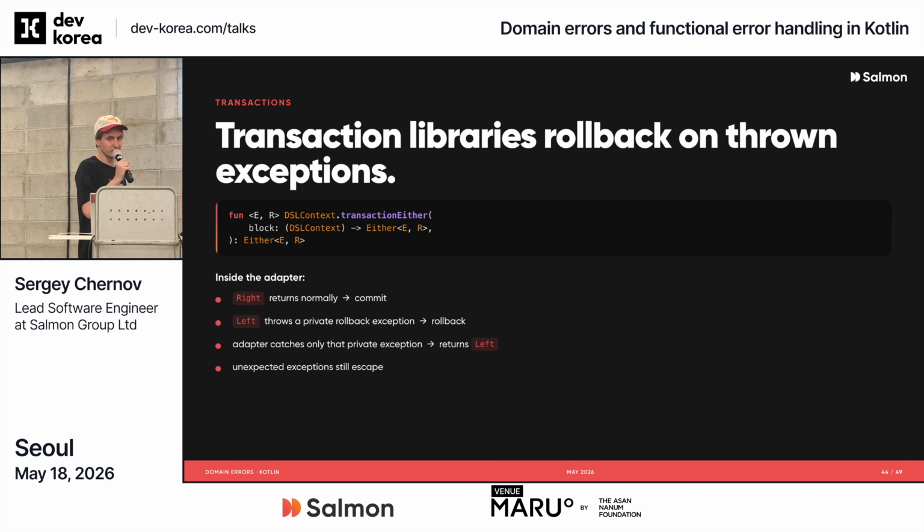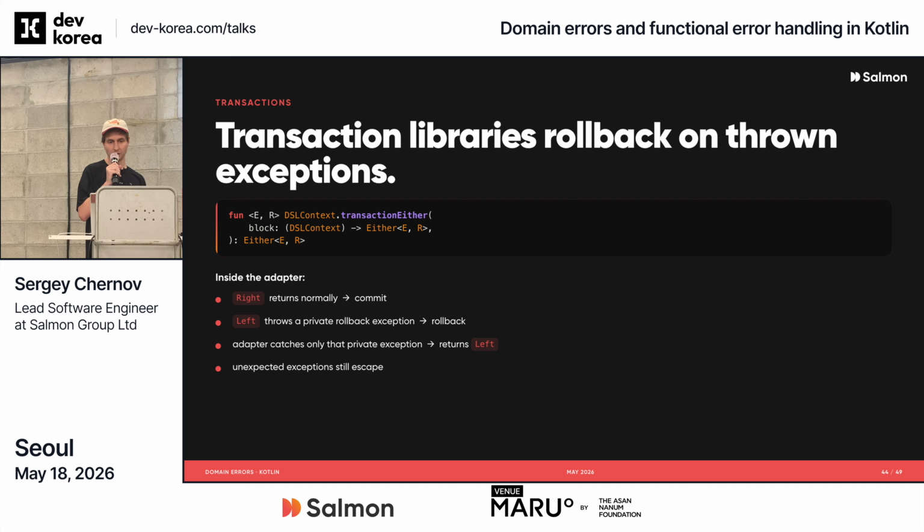And if you work with a database in your Java project, you also need some adapter code. You need a helper method which will roll back the transaction on a Left returned value.